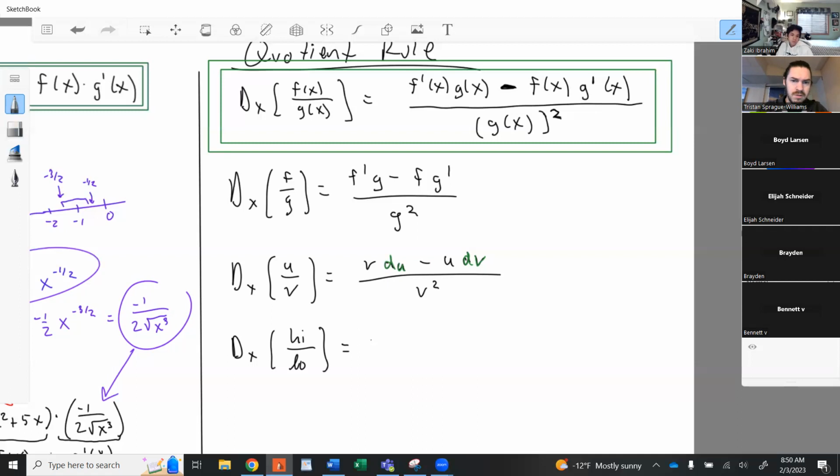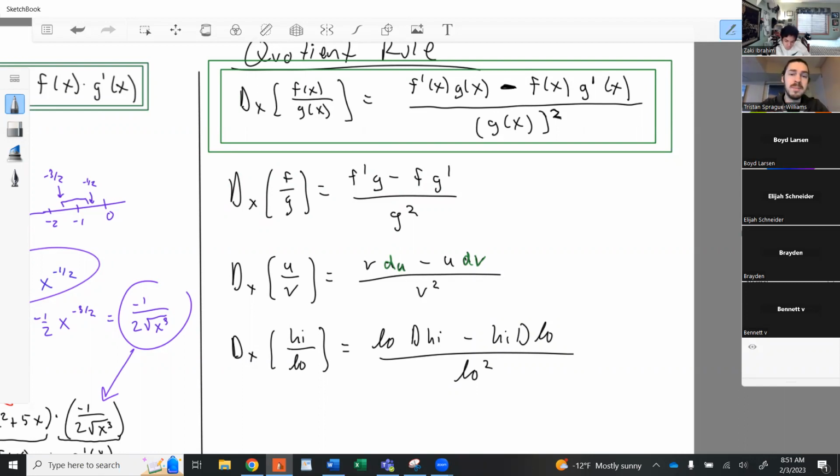This is low d high minus high d low, all over low squared. That's not really a mnemonic, but it's a tool that people use to remember, to memorize this.